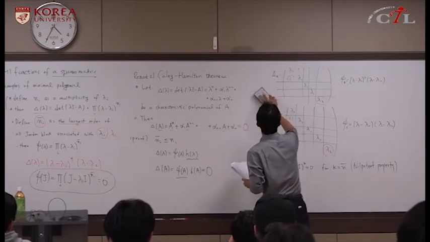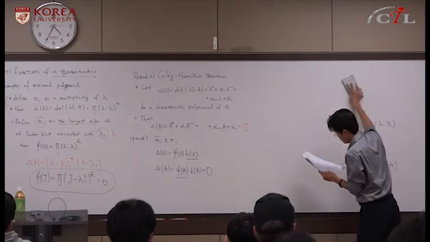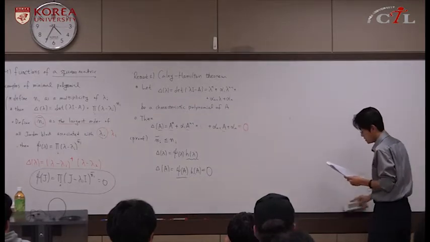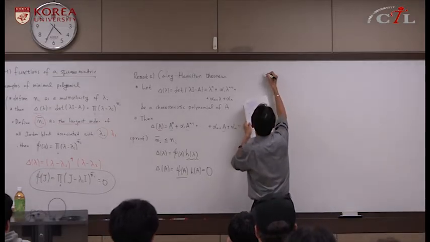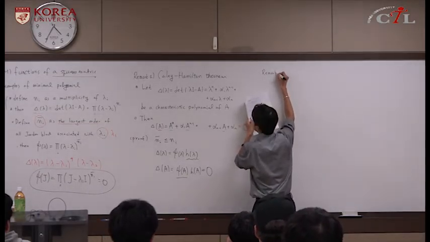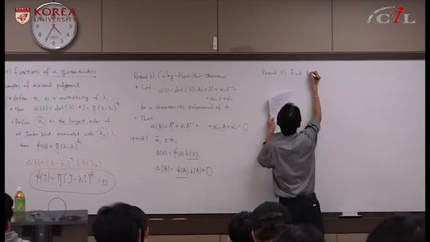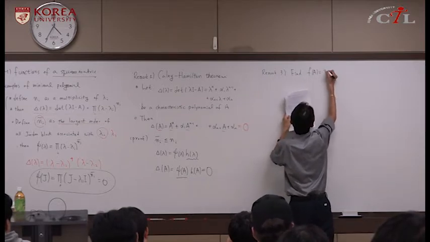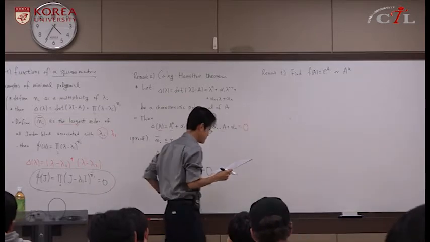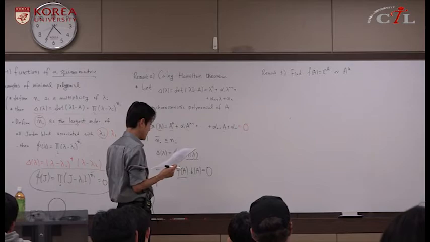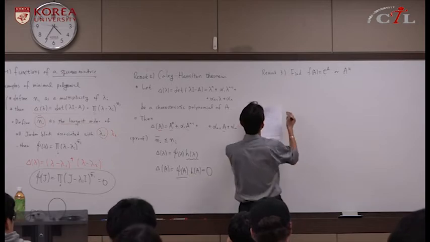Then finally, using the minimum polynomial and the characteristic polynomial, we want to find A^k or e^(At).